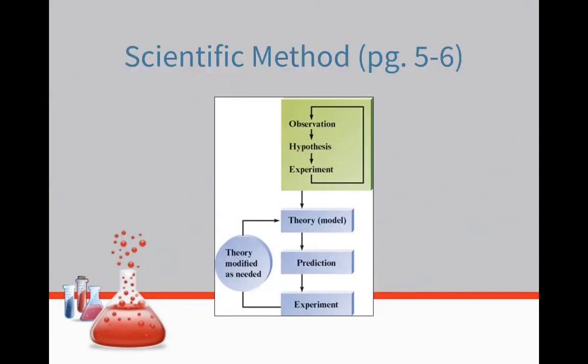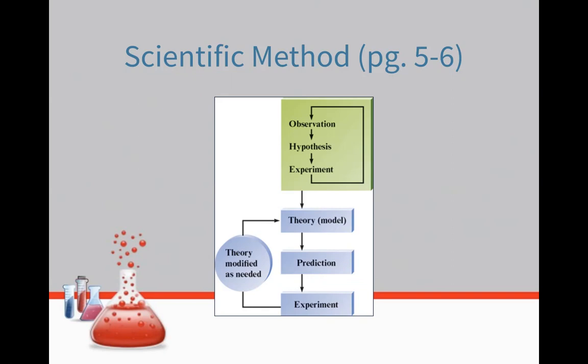Starting off with the scientific method, something that I hope you are very familiar with at this point. Really, any sort of experiment needs to start with some sort of observation of something that is happening out in the world, whether it's something that you observe in everyday life, or perhaps something that you observe happening in a lab.